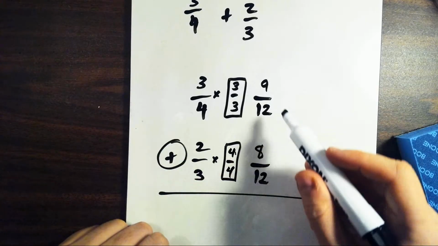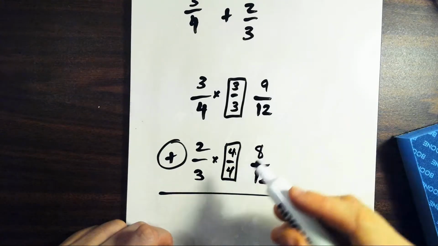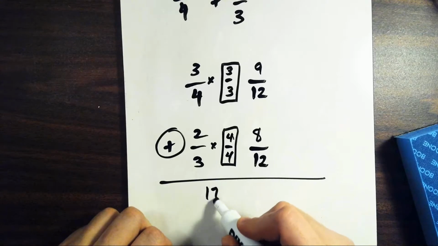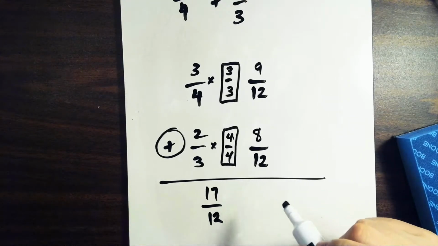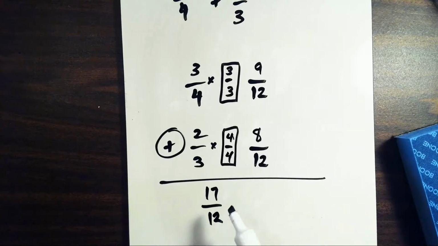When I add these fractions, 9 plus 8, I get 17 over 12. Now, my answer in this case is an improper fraction because the numerator is larger than the denominator. If I choose to, I can change this to a mixed number by asking myself how many twelfths go into 17, or thinking 17 divided by 12 equals what?